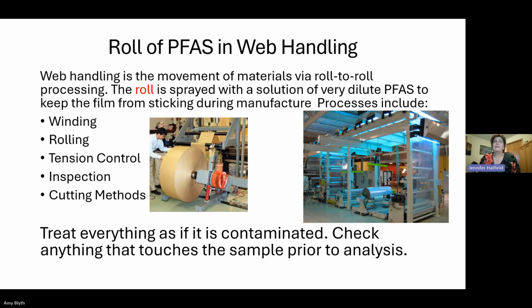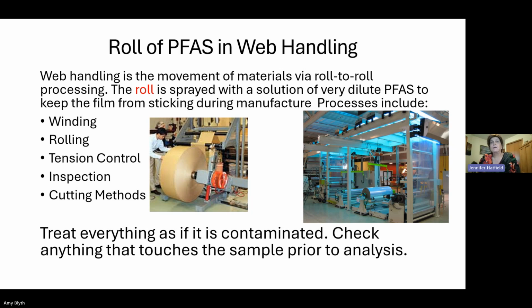Process includes winding, so they're winding things up, what they call rolling, so they're just moving it around. When they're inspecting it, like this little guy here is that great big roll of paper. Who would have thought they've been spraying paper with PFAS, and they use that paper in boxes to make stuff not move around. So when you get an Amazon box, it's got a bunch of paper in there. Good chance that paper has PFAS on it.